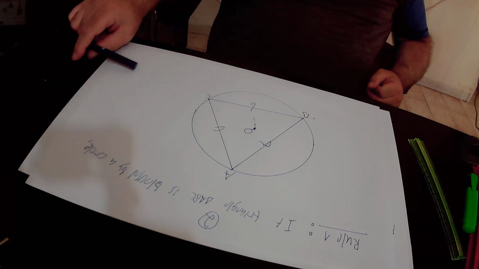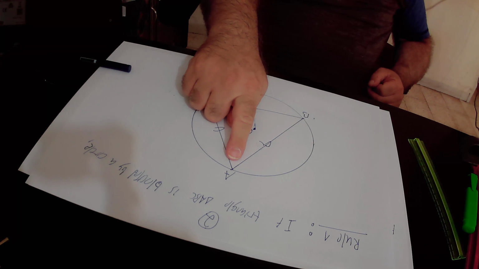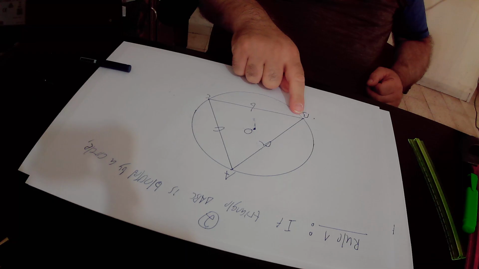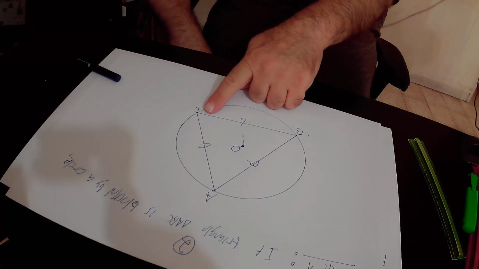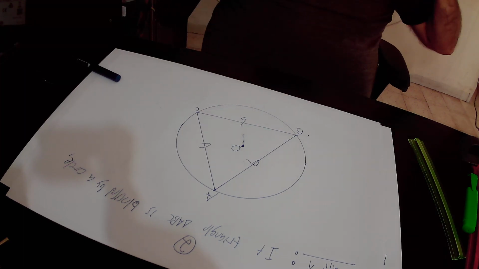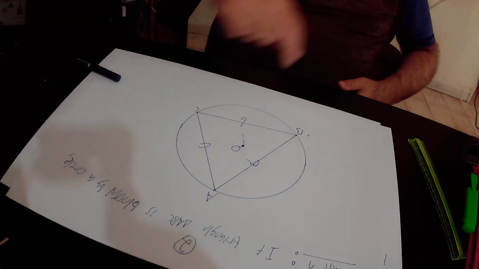Here, you can see that this vertex touches the circle at point A. This vertex of triangle ABC touches the circle at point B, and finally, this vertex of the triangle touches the circle at point C. Therefore, we can definitely say that this triangle is blocked by the circle.